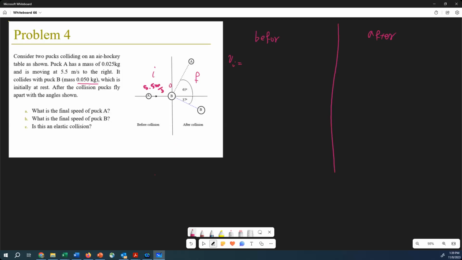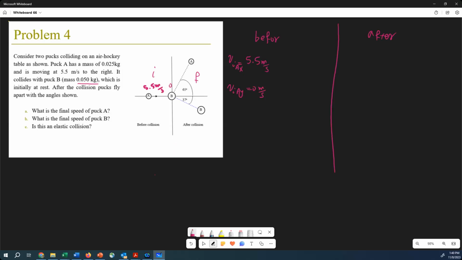It is 5.5 meter per second for puck A, in the x-axis, yes. VIA in the y-axis is 0 meter per second, because it just has a velocity in the x-axis. Good. In the y-axis, no velocity.